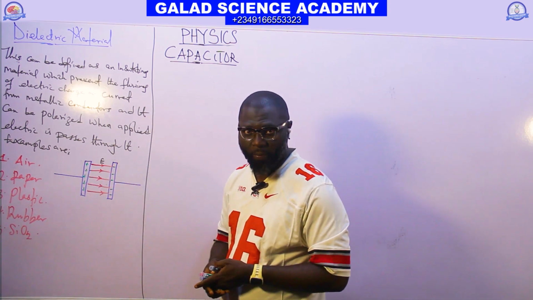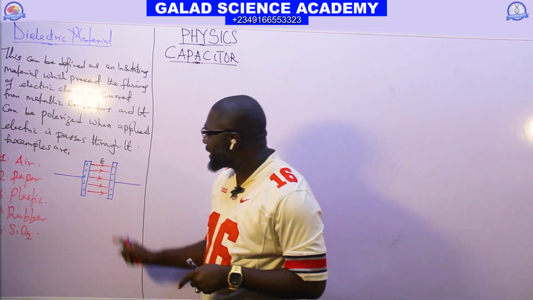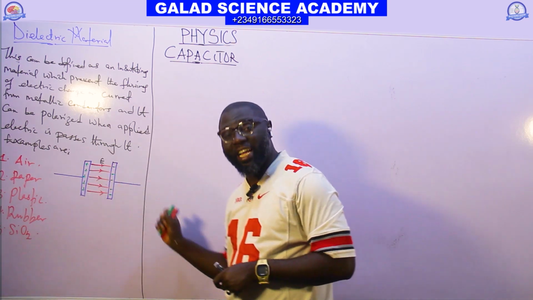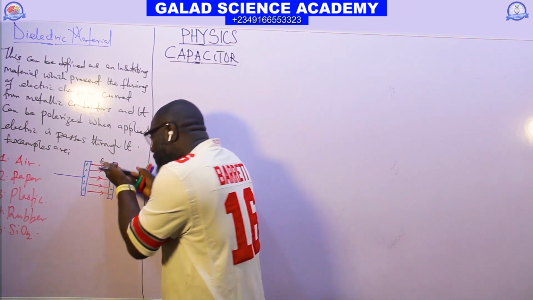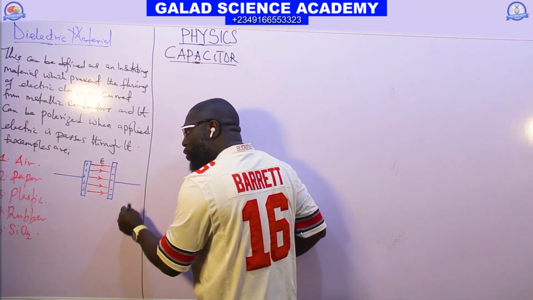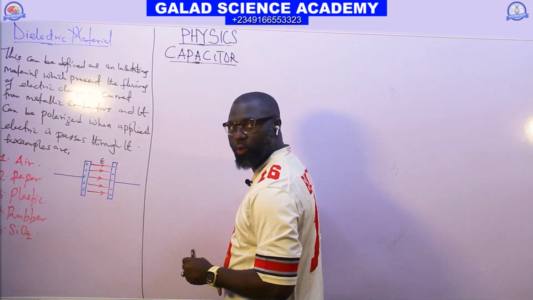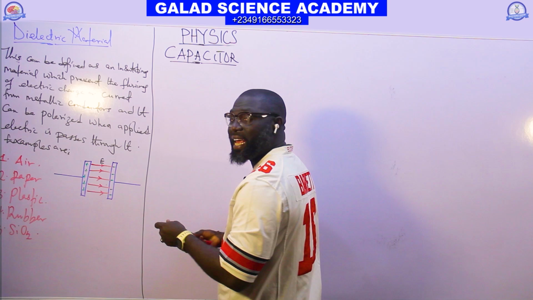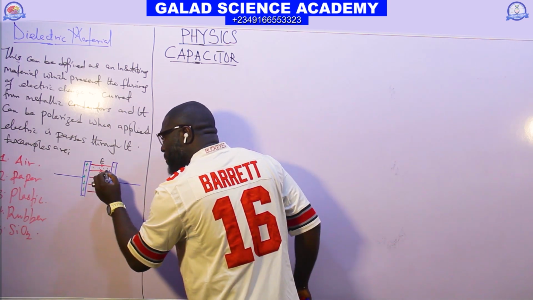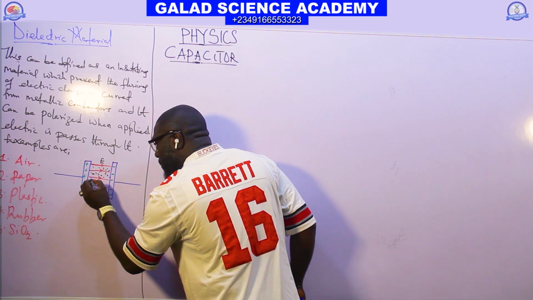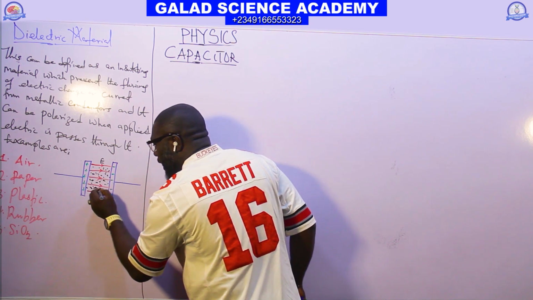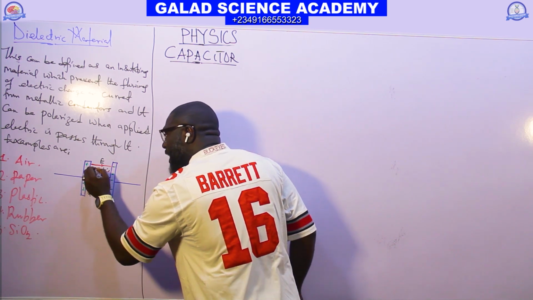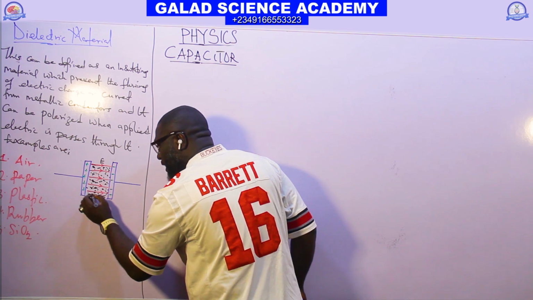But in order to prevent the movement of the field from the positive charge to the negative charge, we need to fill this space with dielectric material. The black dots we have here represent dielectric material.